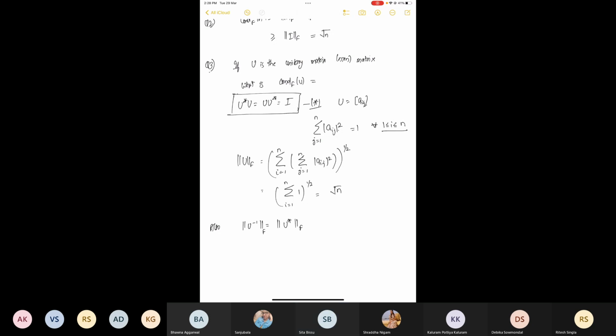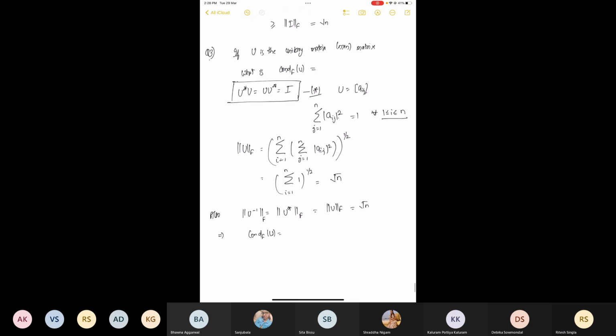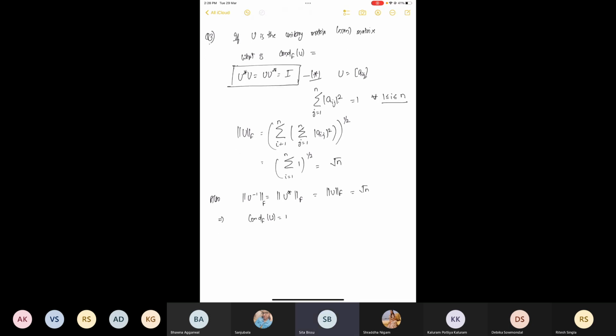Which is nothing but the Frobenius norm of U, because conjugate transpose will not change the Frobenius norm. Which is again equal to square root n. So now tell me, what is the condition number of U with respect to F? It is n.